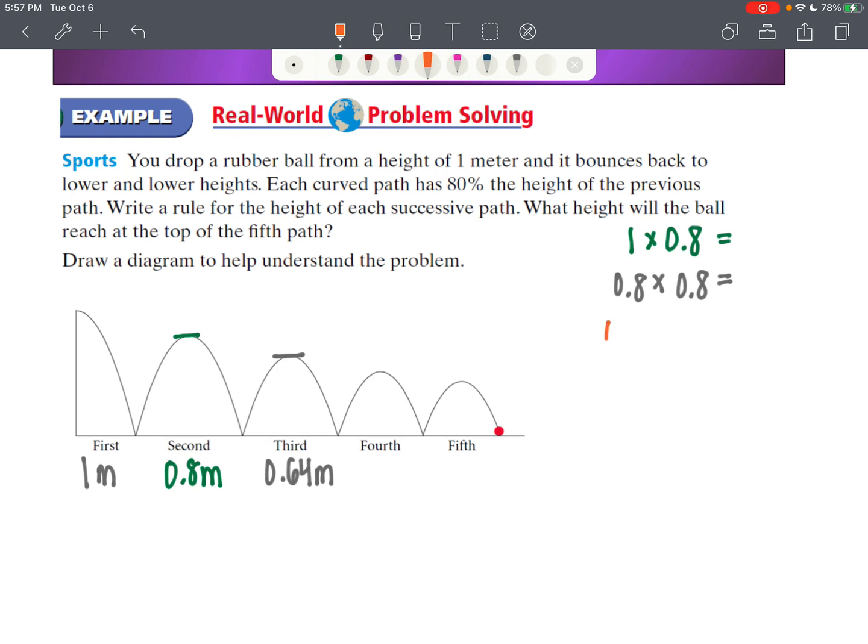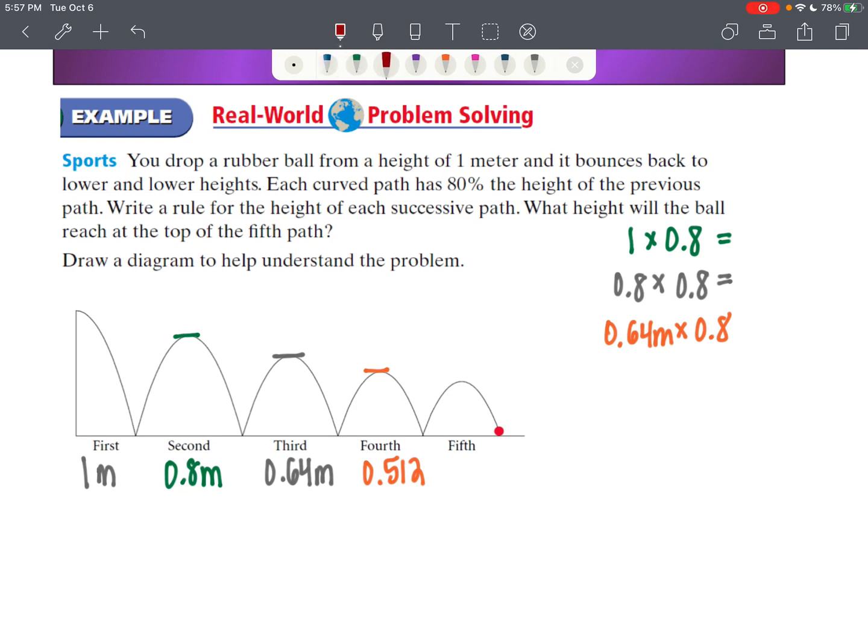Then we would take that 0.64 meters and we'd multiply it by 0.8. And when we multiply it by 0.8, its height would be even shorter than 0.64. Go ahead and multiply that out. It would be 0.512. And then how would we find the next one?